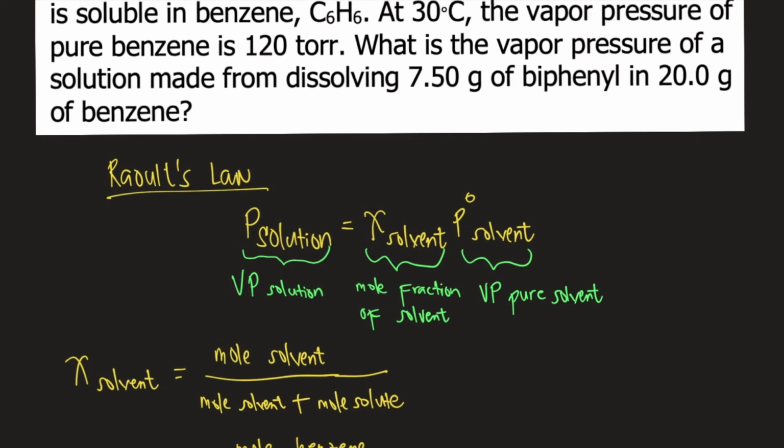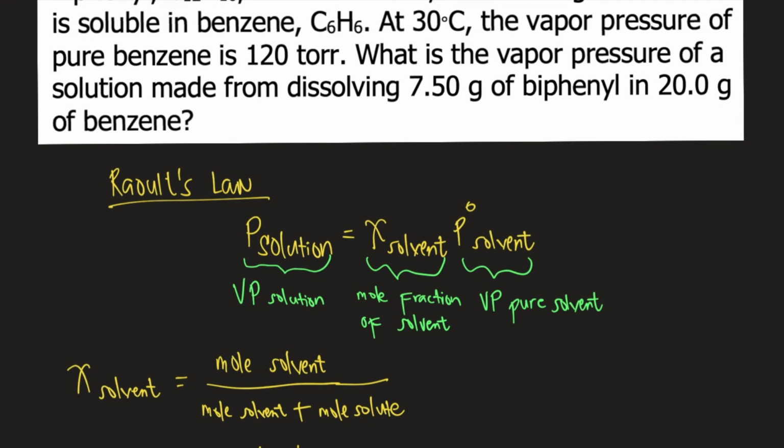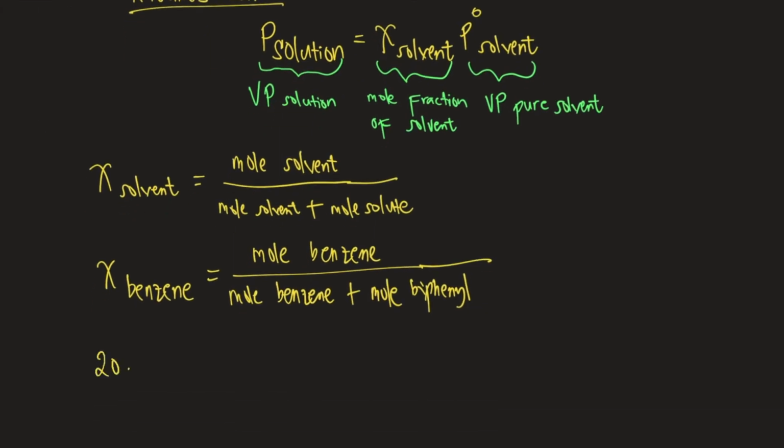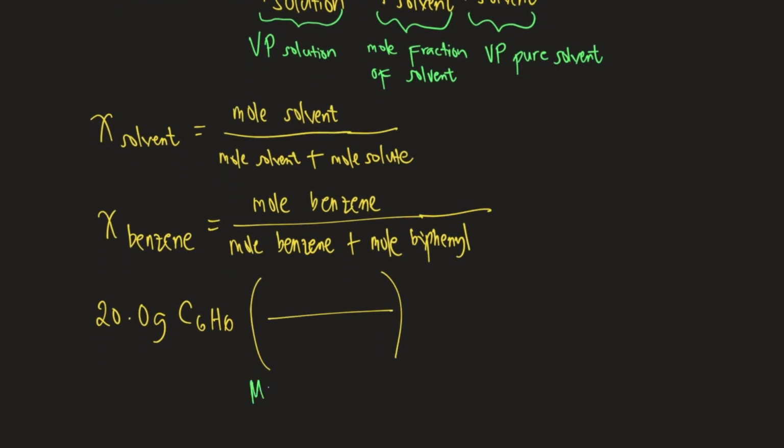Okay, so let's solve first for the moles of benzene. In the problem, we are given 20.0 grams of benzene, so let's convert that to moles. 20.0 grams of benzene, C6H6. The molar mass of C6H6 is 78.108 grams per mole.